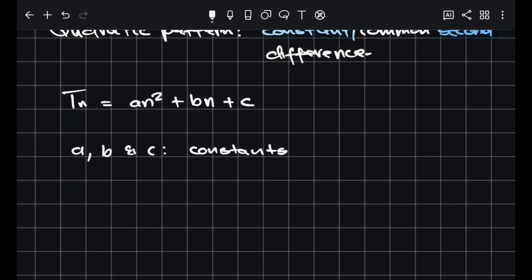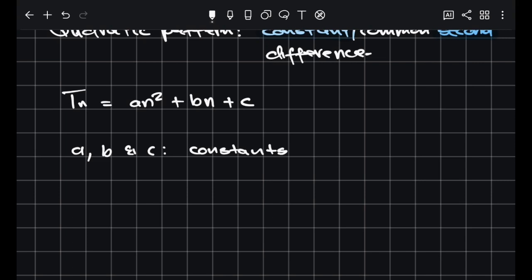Your n may change, your Tn may change, but the a, b, and c do not change. Just like in quadratic functions in grade 10 and 11, where you had to find your constants a and b.